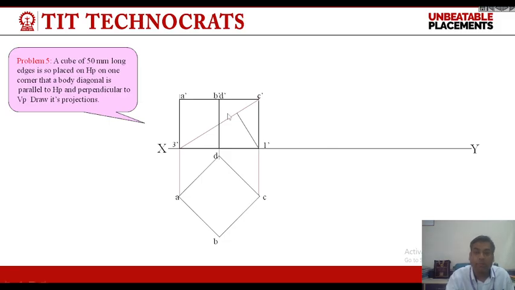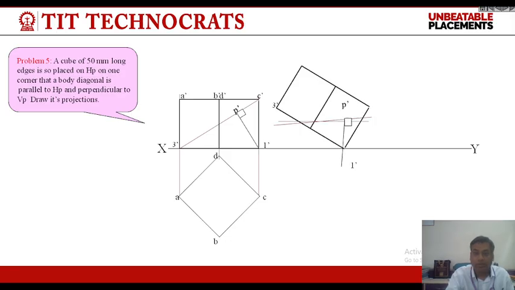We have drawn a perpendicular line on solid diagonal, that is 3 dash C. By keeping this line vertical, we can draw step 3 in such a way that the 3 dash C line becomes parallel to XY as shown in figure. See, here we have kept the solid diagonal perpendicular to VP.